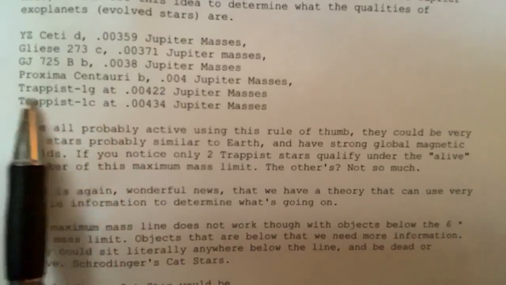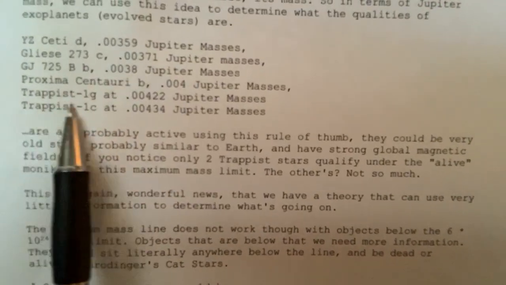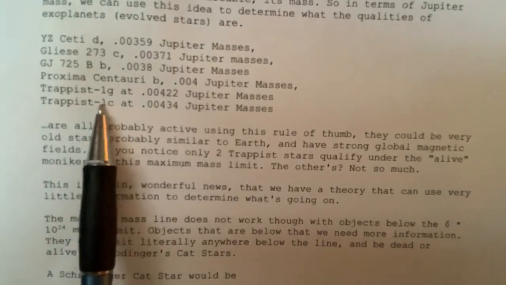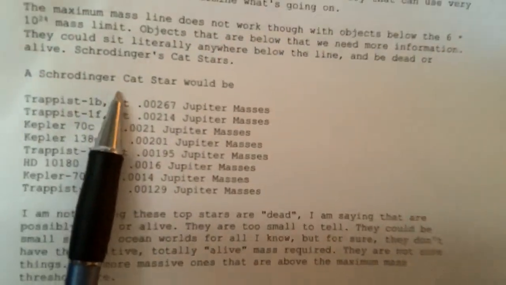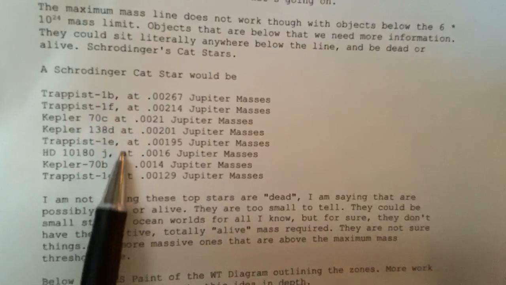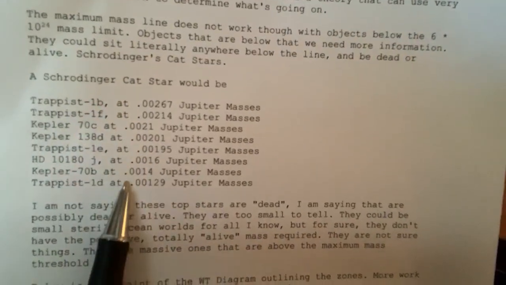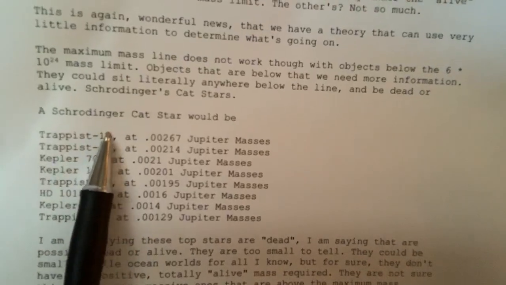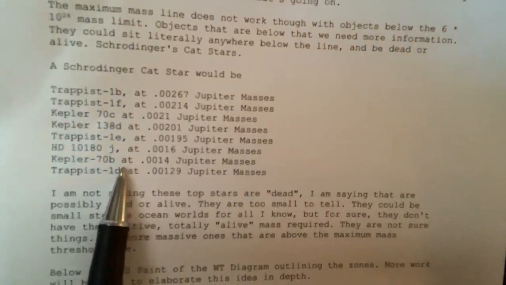They probably have water oceans, they probably have thick atmospheres, and they probably have large global magnetic fields. The objects down here below that threshold, we do not know if these objects are active. We do not know that. They could be dead or they could be alive.